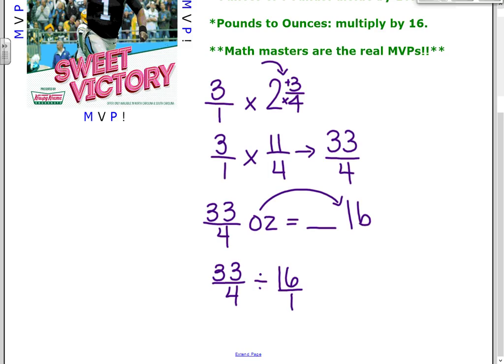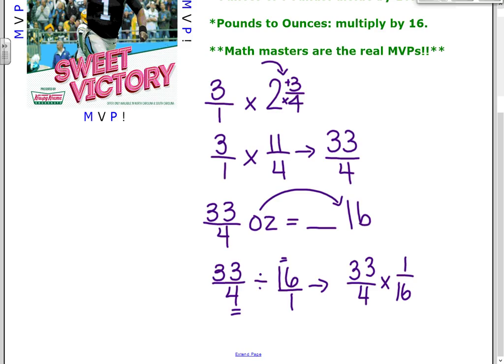All right? Are you following me so far? Okay, great. What do we do when we divide? We keep, switch, flip. So we're going to keep the first, and we're going to switch to multiplication and flip. Were we able to cross cancel the 4 and the 16 here?